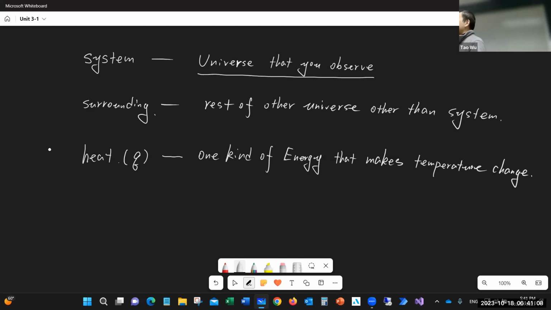And when we talk about energy, there are several different types of energy, right? You have kinetic energy. Now we're going to talk about several types of energy. There's kinetic energy, which is the energy that is used to make some object move, right?